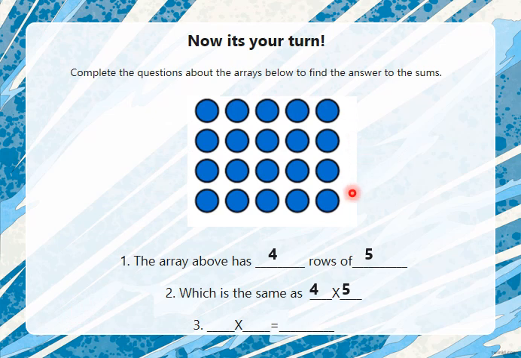Now we need to count up our arrays. 1, 2, 3, 4, 5, 6, 7, 8, 9, 10, 11, 12, 13, 14, 15, 16, 17, 18, 19, 20. 4 times 5 equals 20. Well done. How did you go?